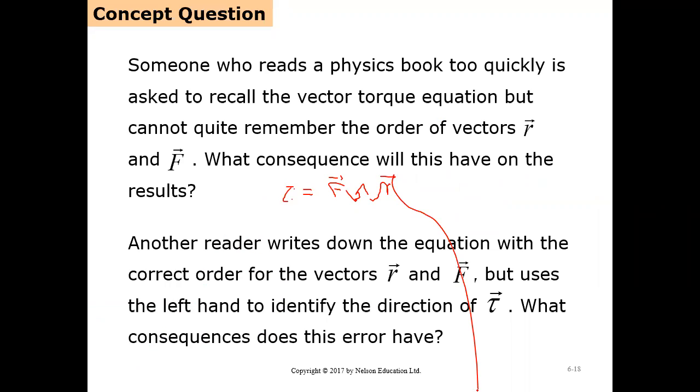It is not correct, because then the direction will be wrong. The magnitude is fine, R F sine theta, it will have no effect. But if you write F first, then R, suppose you get a certain direction with the correct equation, for the incorrect equation you will get the opposite direction. So that's why the order is important.